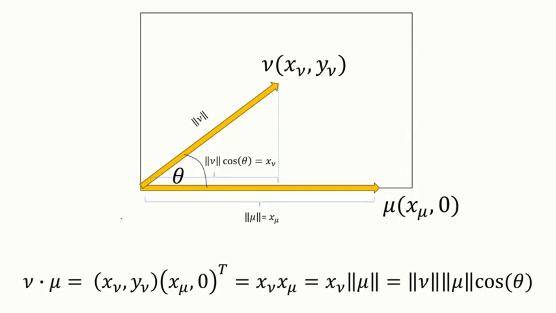So x divided by the norm of mu. That's by definition the cosine theta's definition. So that's why we can write this equal to its norm times cosine theta.